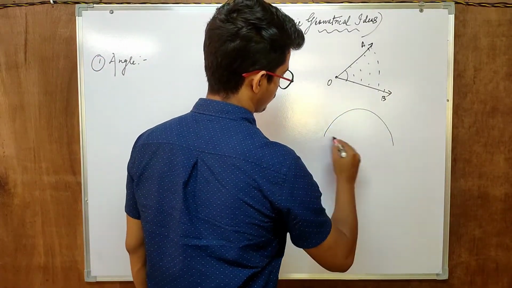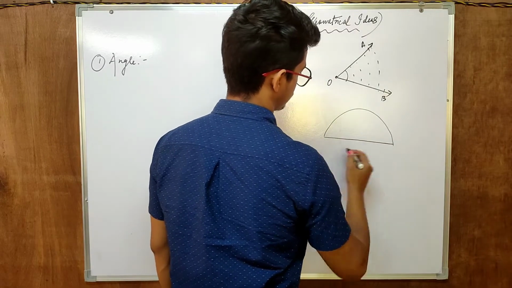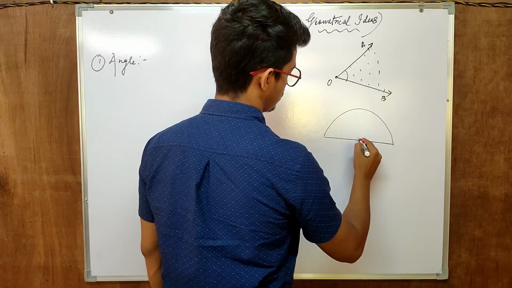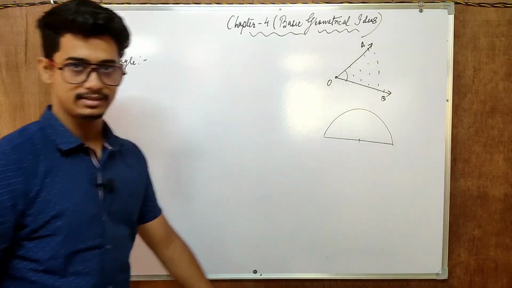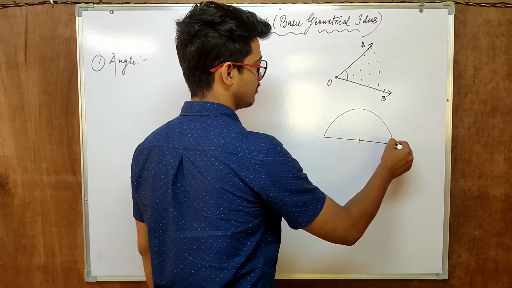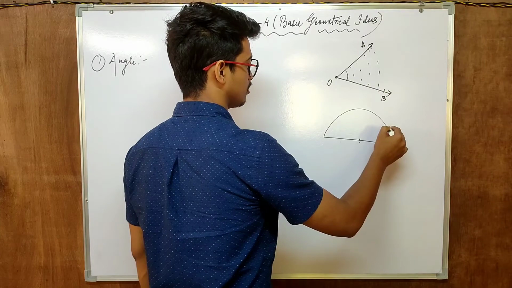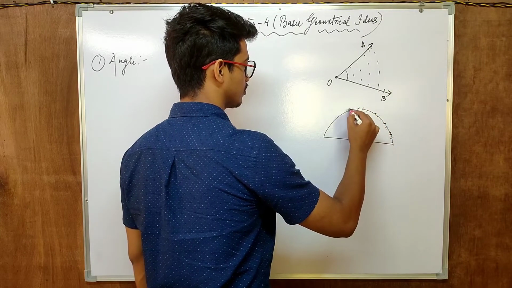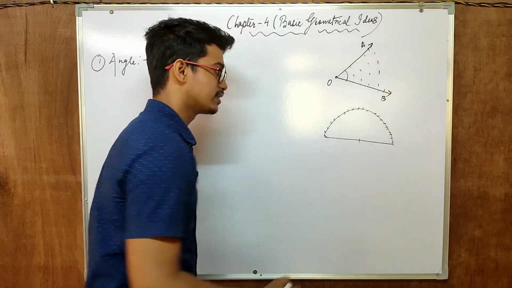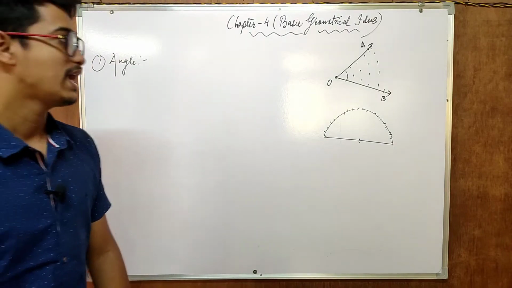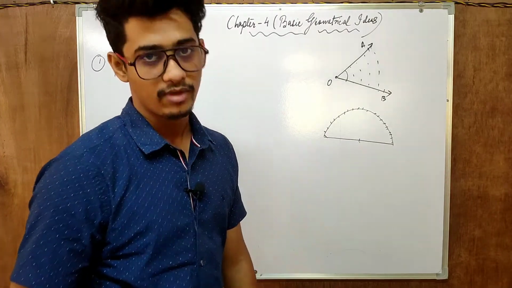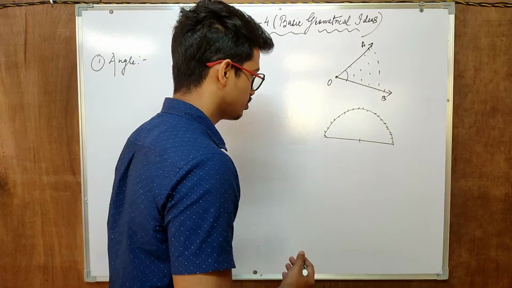This is the shape of a protractor, right? And there is one initial point or starting point, and the degrees are given like this. So which gap do we have to pick, that is the question, no?